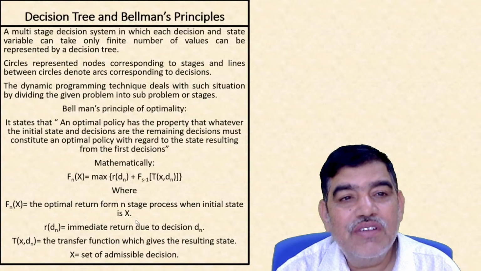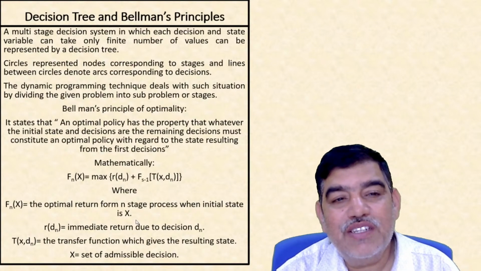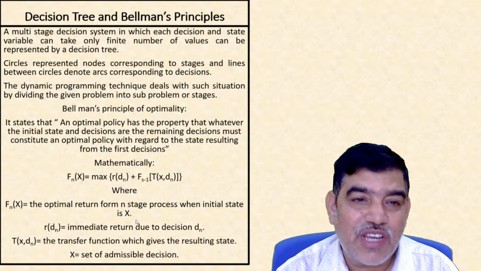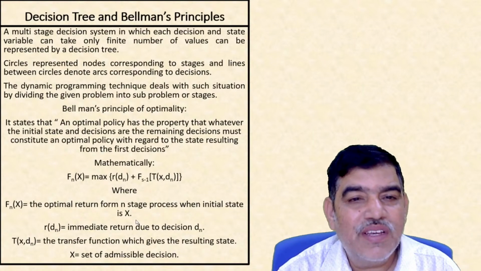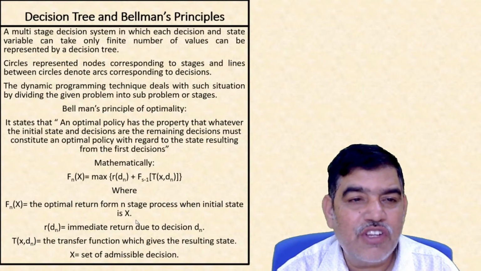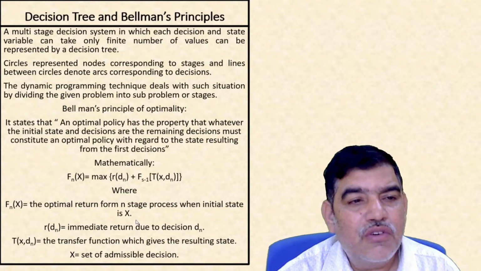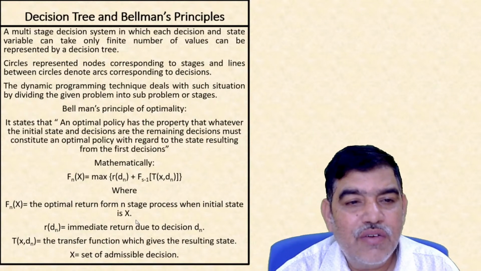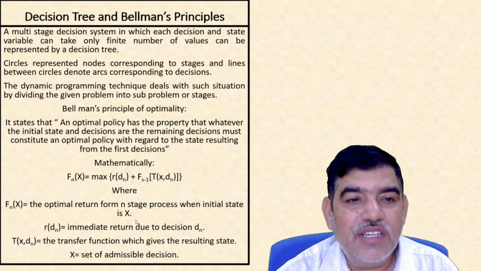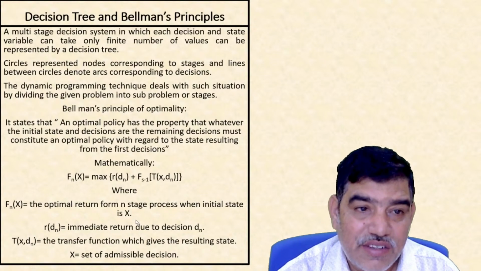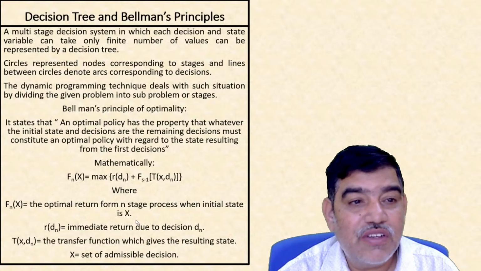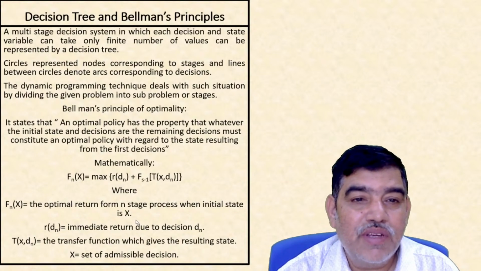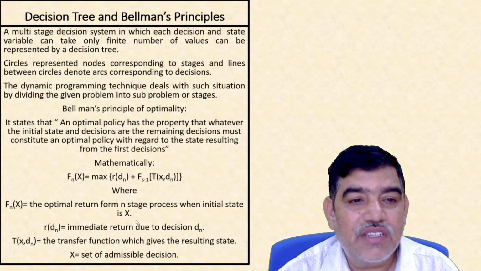As we know in computers, a decision tree has a special node called the parent, or the beginning, the starting. That is the state, which we indicate as stage 1. Then in this way, we go to the second level, called level 2 or stage 2. In this way, all the decisions or all the stages are interlinked by different states. So the dynamic programming technique deals with such situations by dividing the given problem into subproblems or stages.